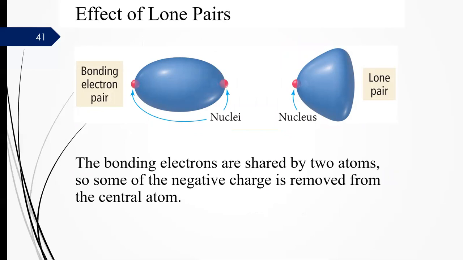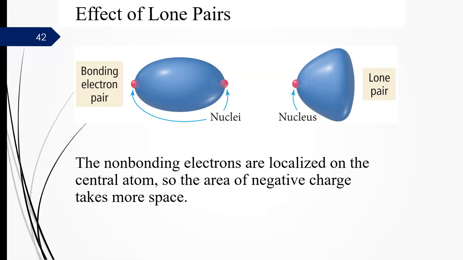Bonding electrons are shared between two atoms. So you can kind of imagine that these two electrons are spread out evenly between these two nuclei. So some of the negative charge is removed from this central atom here because it gets pulled towards that other nuclei.